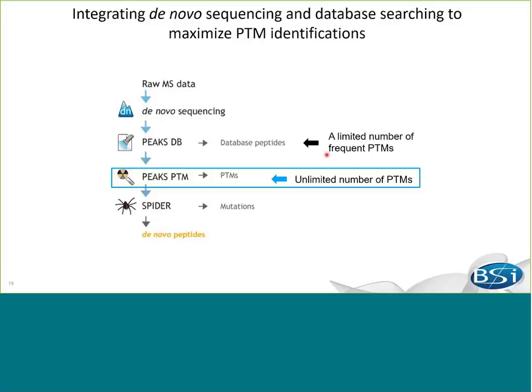Next, the spectra with high-confidence de novo scores but not assigned by database searching are mapped against the identified proteins to find additional PTMs. At this step, you can specify as many PTMs as you want. This multi-round search approach can help maximize the identification and sensitivity of your PTM studies.